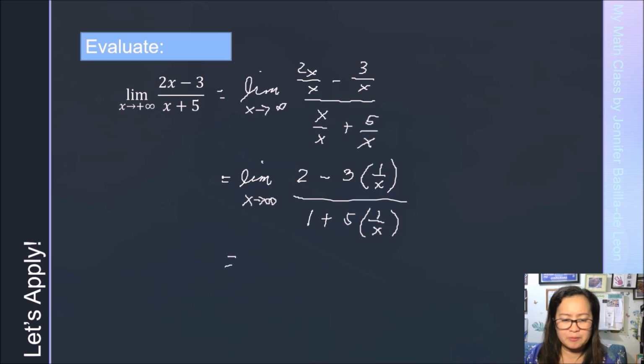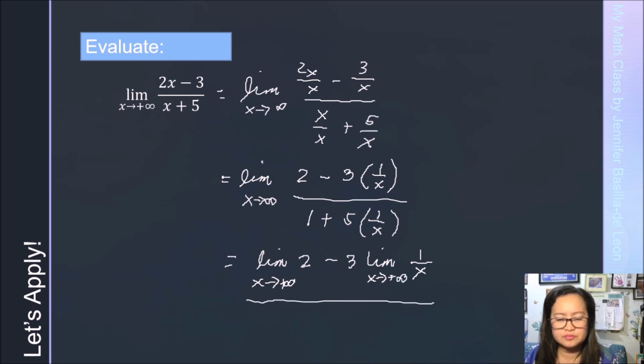Then applying the first set of limit laws, we would be able to have the limit of 2 as x approaches positive infinity, then minus 3 times the limit of 1 over x as x approaches positive infinity, all over the limit of 1 as x approaches positive infinity plus 5 times the limit of 1 over x as x approaches positive infinity.